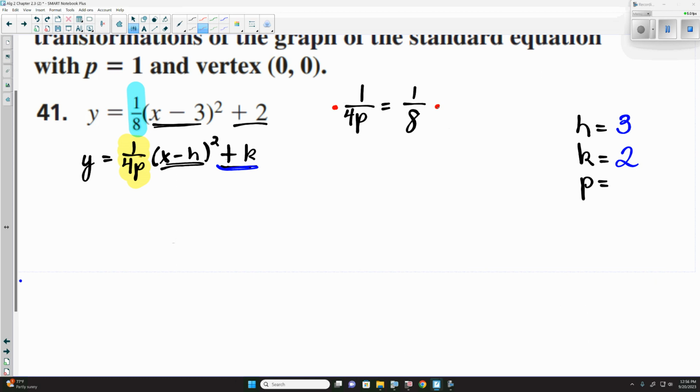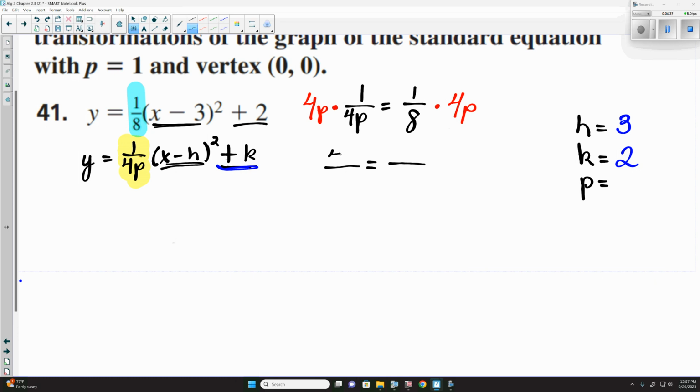Now our first step in solving for the value of p is always going to be the same. We're going to multiply both sides by 4p. Now I'm going to work this all the way through so we see how this works, but we don't have to do these same type procedures every single time. Because normally when we multiply 4p by 1 over 4p, the 4p and 4p will cancel.